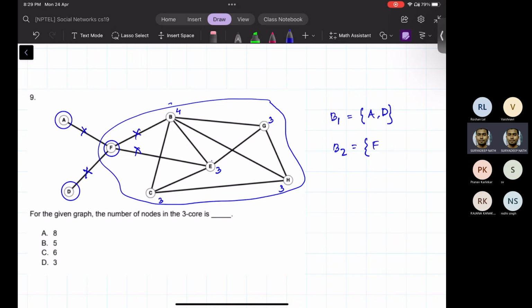So this forms the 3-core. So the number of nodes in the 3-core are basically the inner nodes: B, C, E, G and H. So there are 5. So option B is the correct answer.